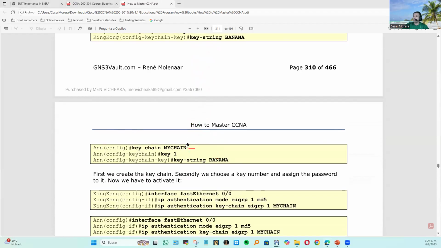That's pretty much the same. Then we do the following. We add to the interface: ip authentication mode eigrp 1 md5, ip authentication key-chain eigrp 1 MYCHAIN. Those configurations will be added for both router King Kong and router Anne, in that specific interface, FA0/0, for this example.